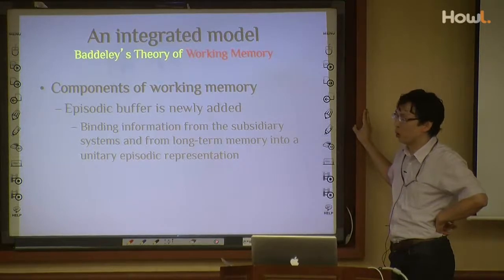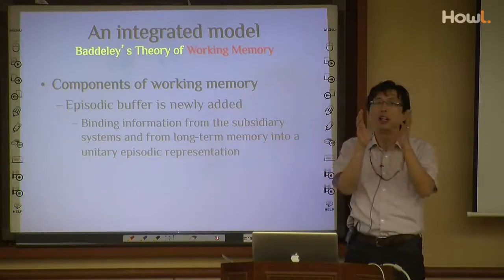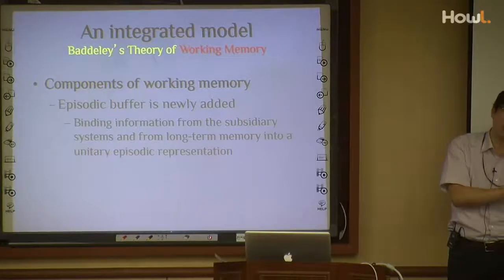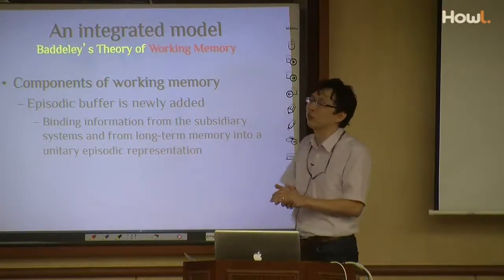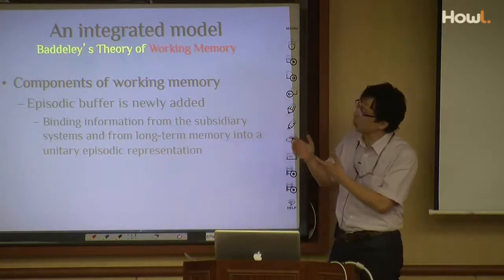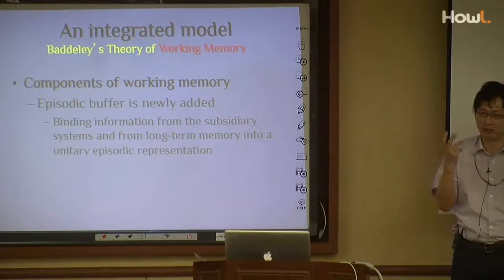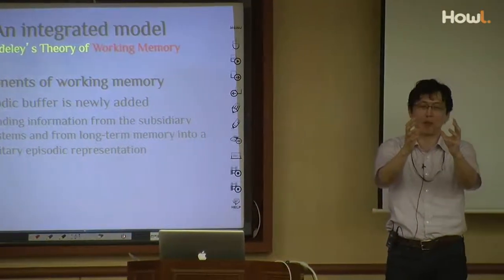I don't know exactly how it works, but what he proposed is that probably there is an episodic buffer in some way. It cannot be explained by the visual spatial sketchpad, and it cannot be explained by the phonological loop. So maybe we need some episodic buffer, like an event buffer. Maybe these two are combined into the episodic buffer.